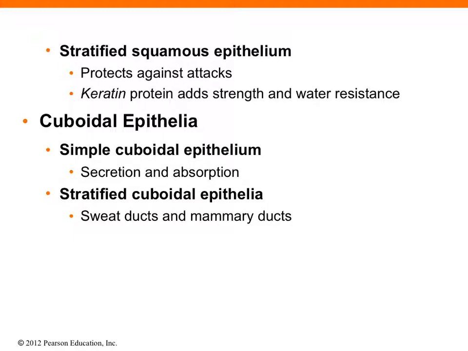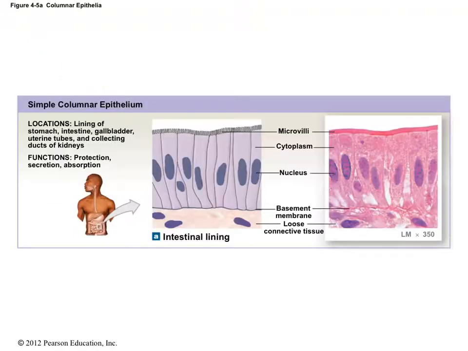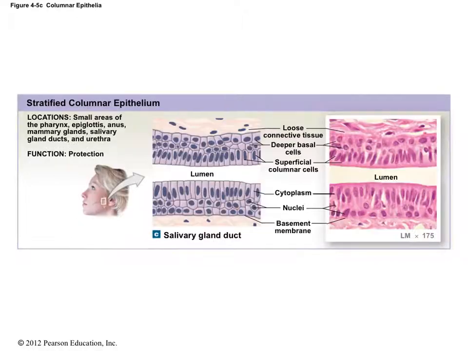That protects against attacks. It has keratin protein to add strength and water resistance. There's cuboidal epithelium, and there's simple cuboidal epithelium, and again, that's secretion and absorption, and then stratified cuboidal epithelia, and that includes the mammary ducts. This is an image showing you the simple columnar epithelia, and this image shows you the stratified columnar epithelia.